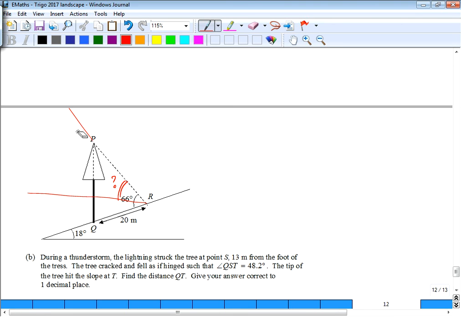Once you know it, it is just the angle from the horizon to Aura to P. This is my horizon, so this is going to be parallel to my ground. Since it is parallel to my ground, then by alternate angles, this is going to be 18 degrees.